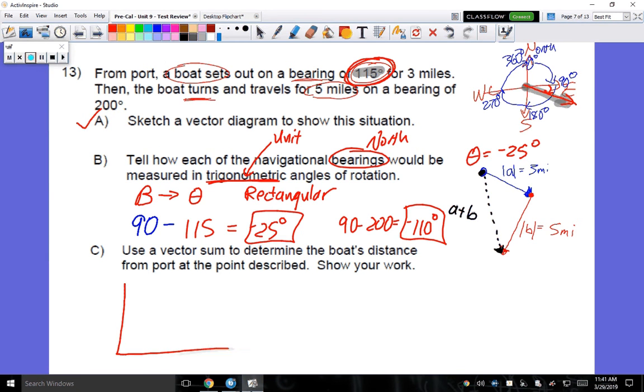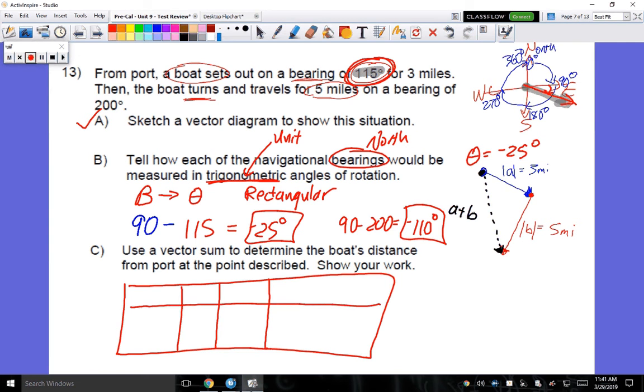So here we go. We have the table, and we have 3 vectors. The first one we'll say is the A, then B, let's do B in red, and then let's do A plus B, the resultant vector, in black. So A, the magnitude of A is 3.